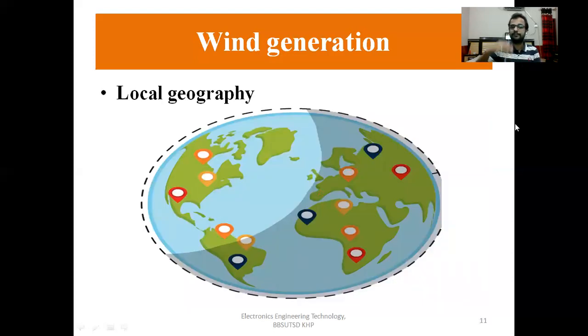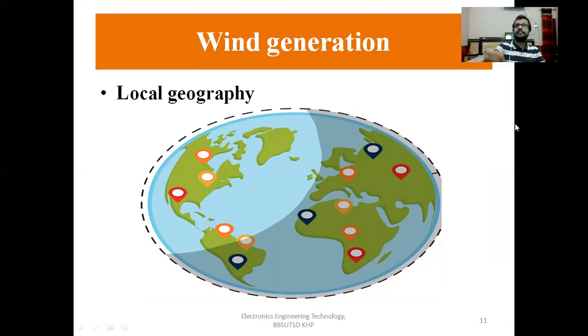After that, the third one is local geography. It's clear from the words. On Earth, the roughness of the Earth's surface is a result of both natural geography and man-made structures, meaning buildings of three, four, five, seven, eight stories and other man-made structures, and also natural structures like mountains.